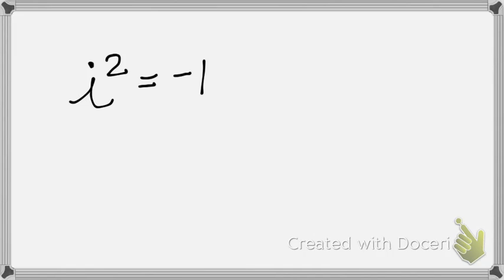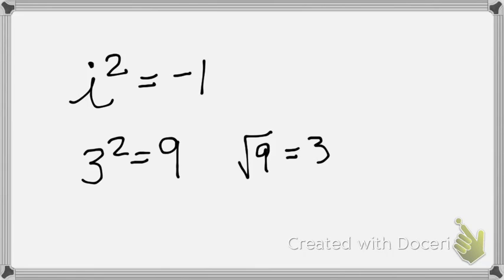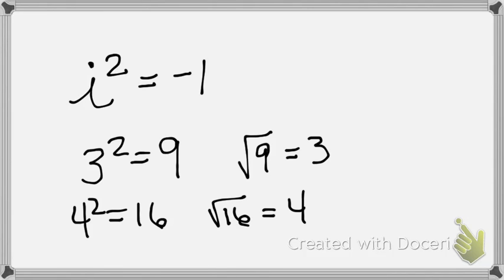If 3 squared equals 9, what's the square root of 9? 3. It's really a plus or minus, but we're not concerned about that right now. 4 squared is 16. What's the square root of 16? 4. Well, if i squared is negative 1, what's the square root of negative 1? i.